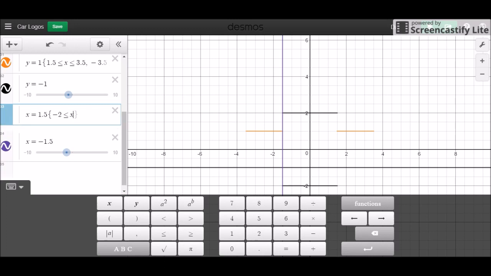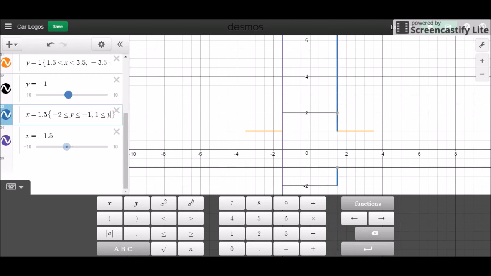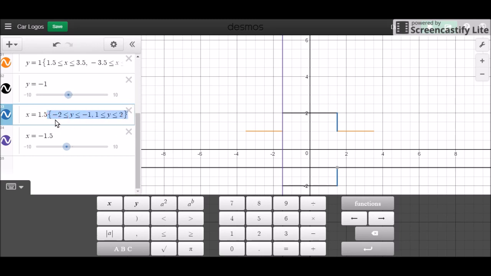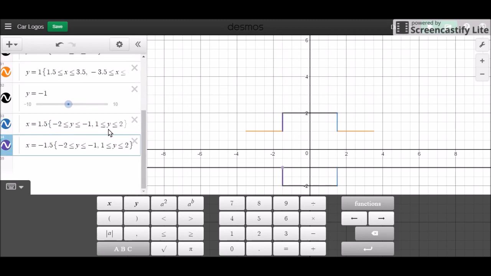It's going to be -2 to -1 for y, and it's going to be from 1 to 2. This one you can copy and paste down here.